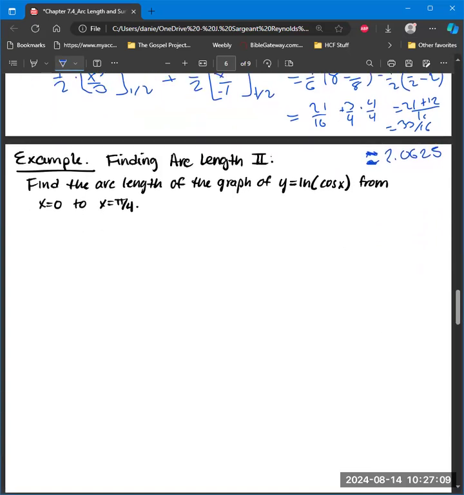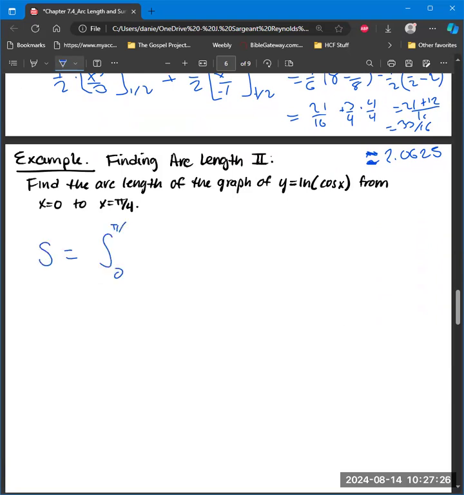All right, example number 2 of finding arc length. Find the arc length of the graph of ln of cosine of x from x equals 0 to x equals pi/4. This one's going to be a bit nastier.